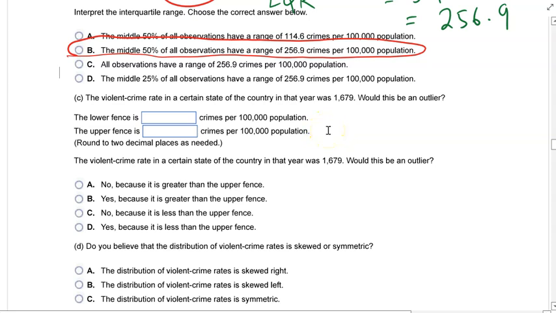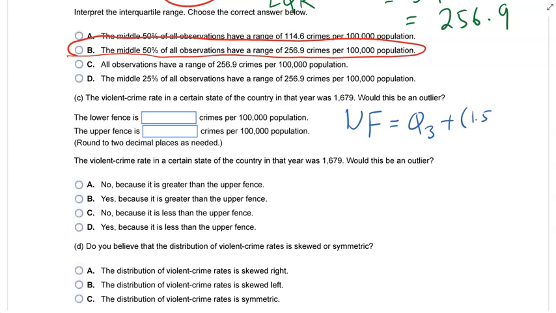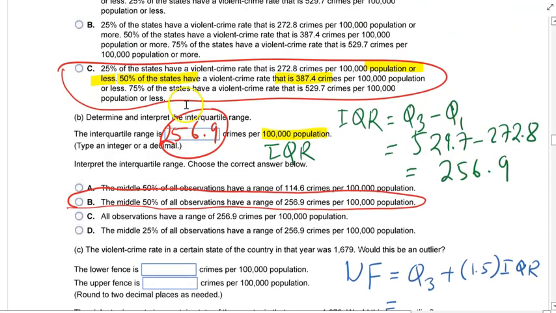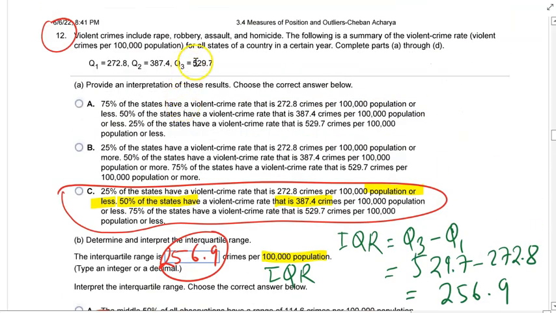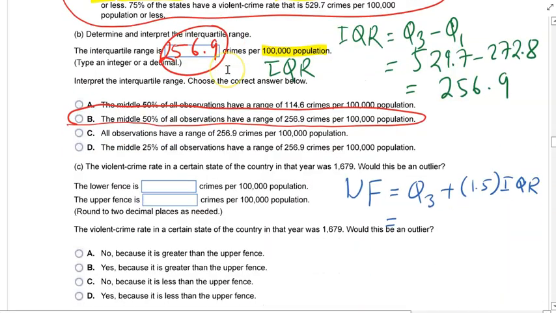We have the formula for that, and as you noticed in the lecture, you have the upper fence. I use UF. The upper fence formula is Q3 plus 1.5 times IQR. Q3 here is 529.7, right?